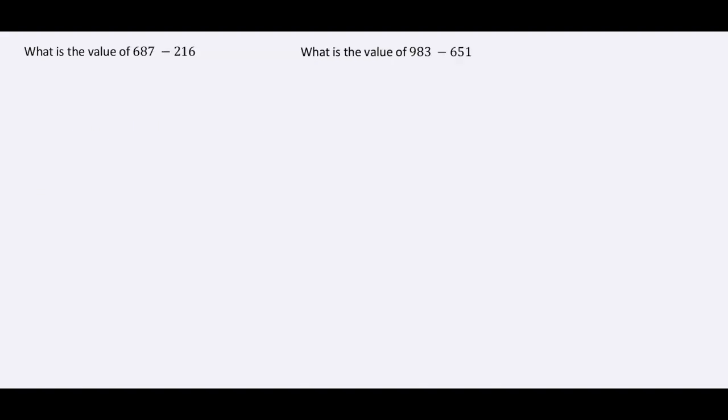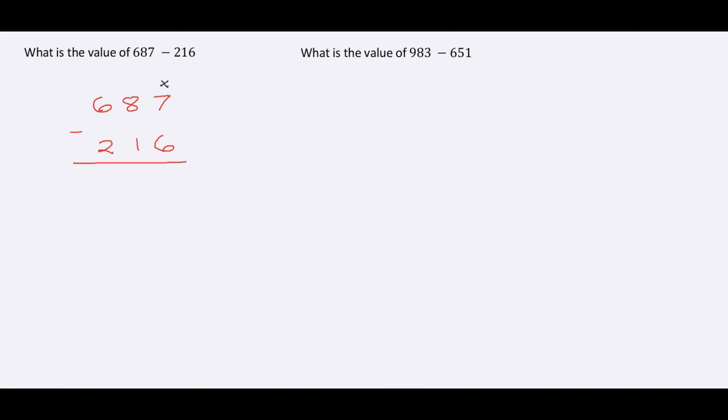We want to find the value of 687 minus 216. So what we'll do here is we write the numbers 687 and 216, and we want to subtract. So we're going to start from the rightmost column, so that is this right here.